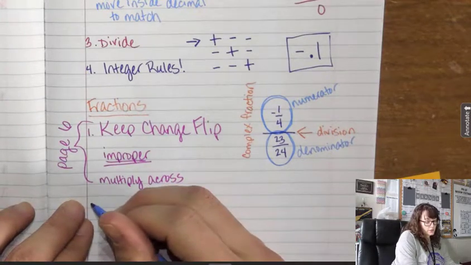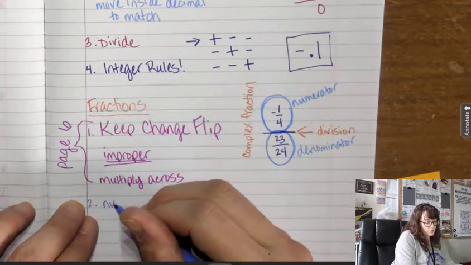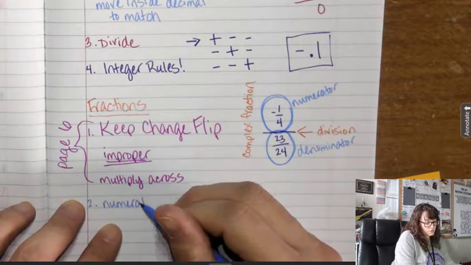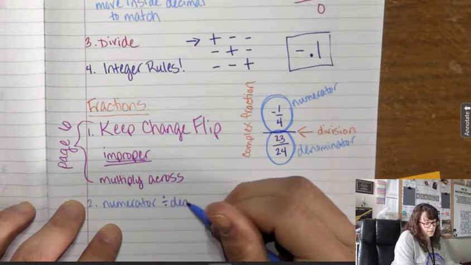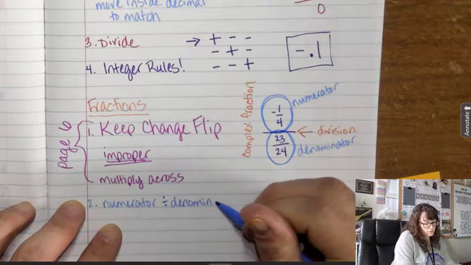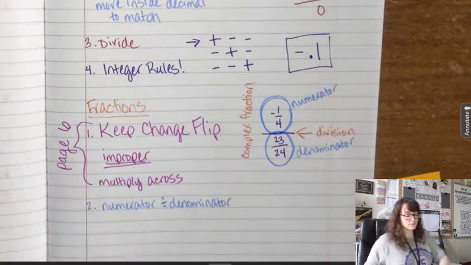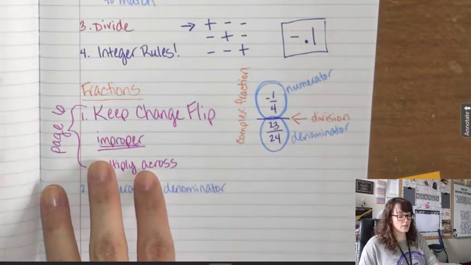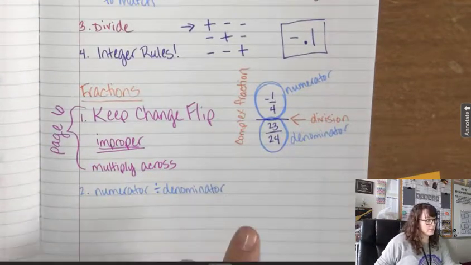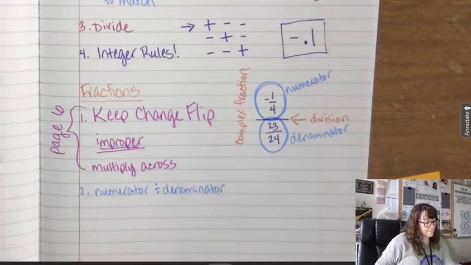And we are going to do numerator divided by denominator. So what was the numerator? What number is it? Negative 1/4.